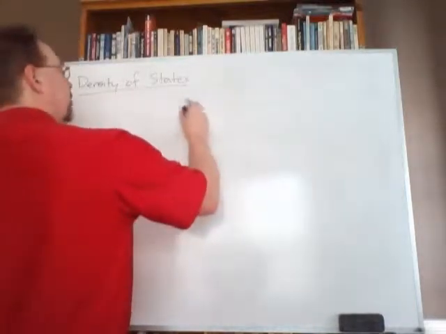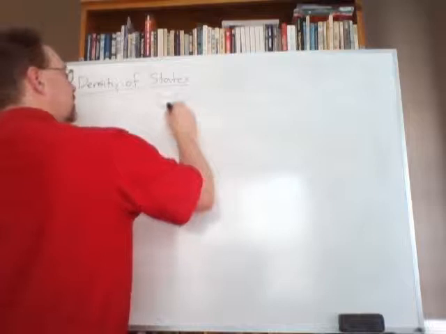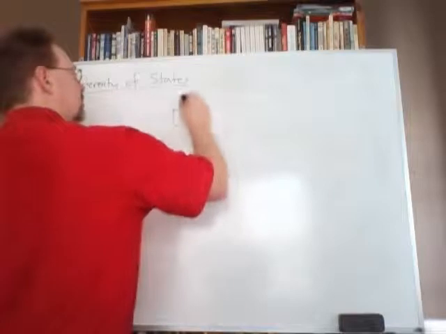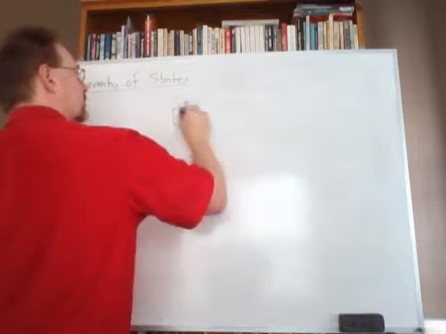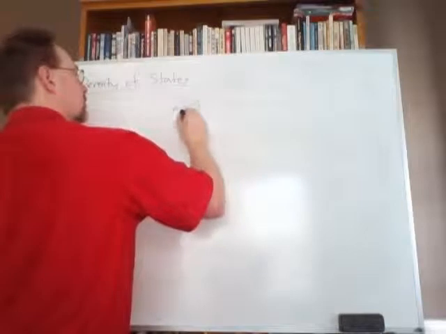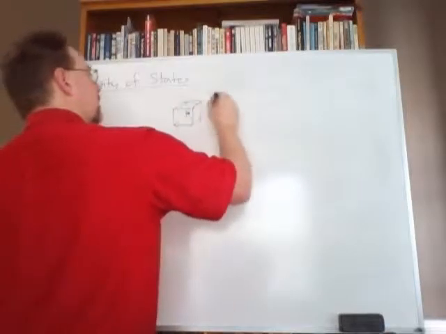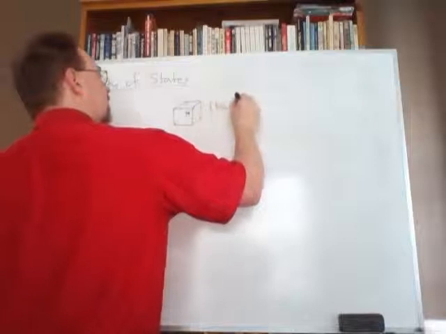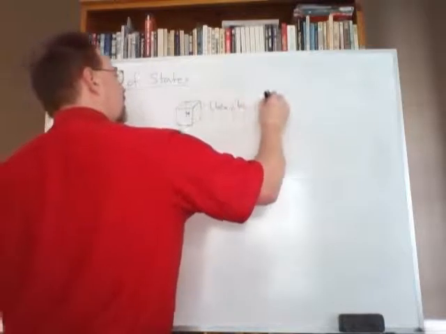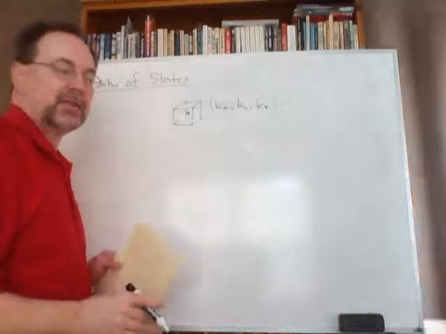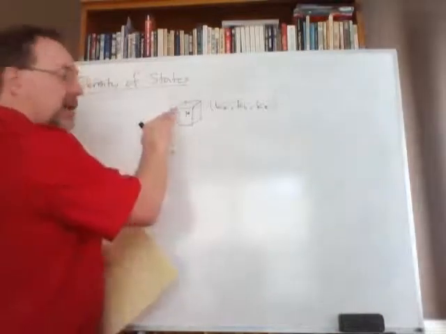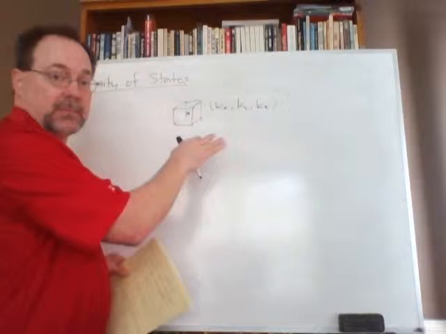For a given point in k space, that point is kx, ky, kz for a certain combination of nx, ny, nz.